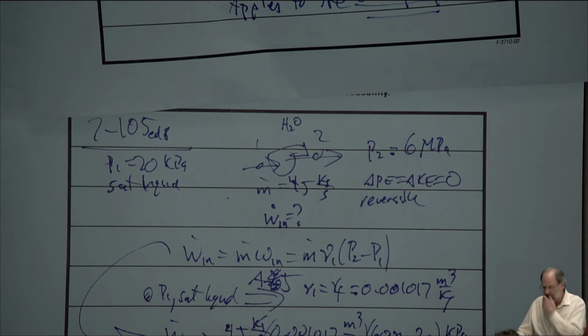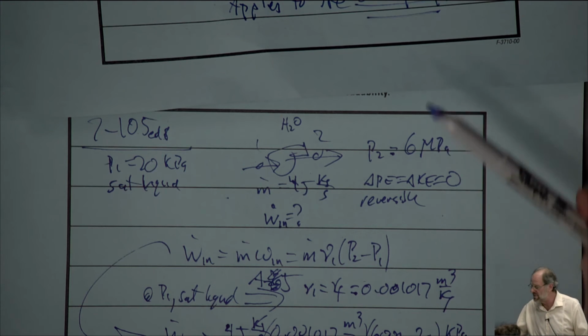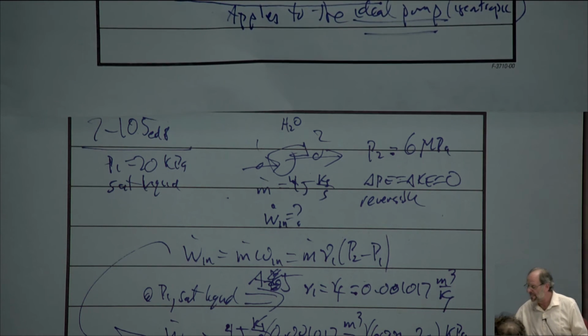Now note that this is really a magnitude, right? When this equation was developed above, we know that it was really the negative of the work equaled V times delta P. So this is a magnitude. We still understand that this is a work input requirement, and that's why I've put W dot in. By the way, you may wonder about the units. I think we've talked about that enough times.